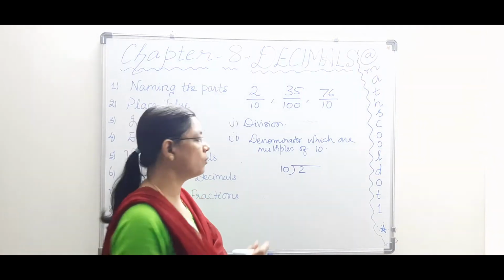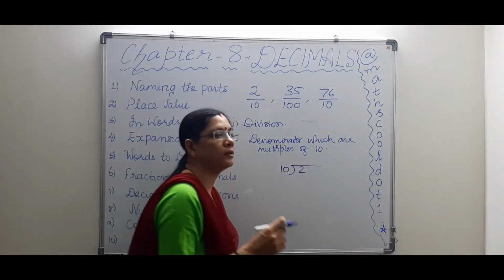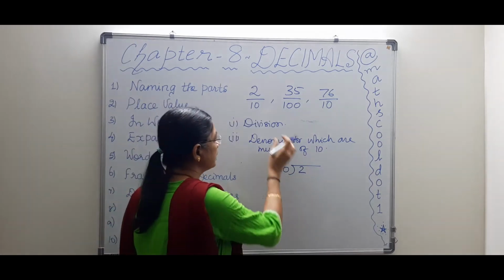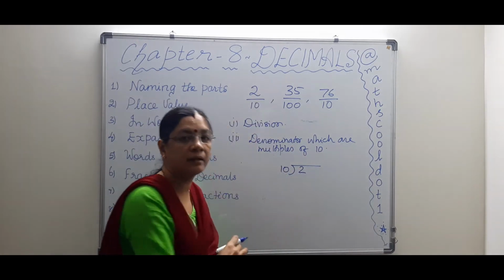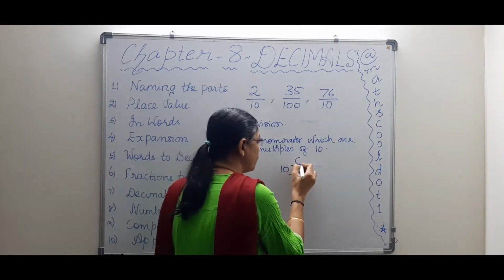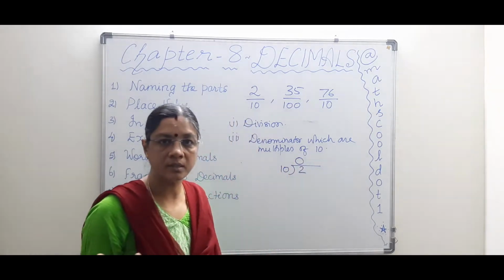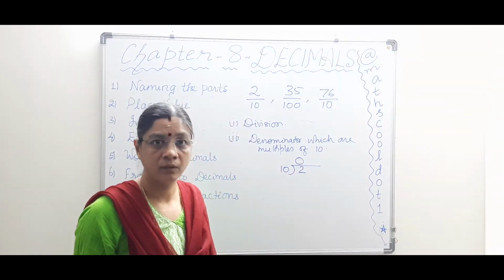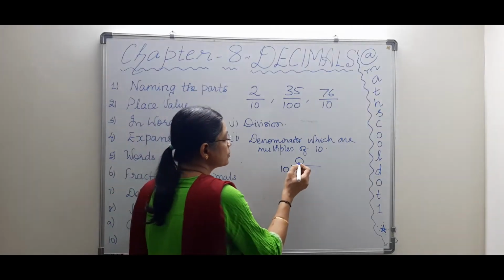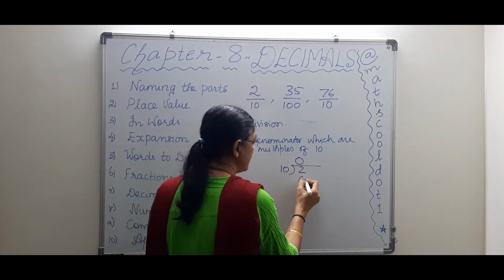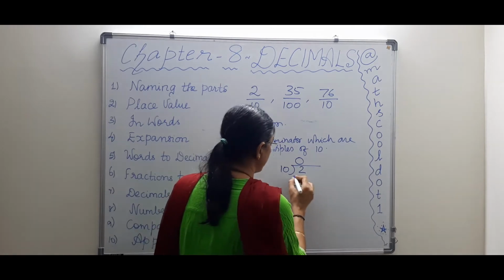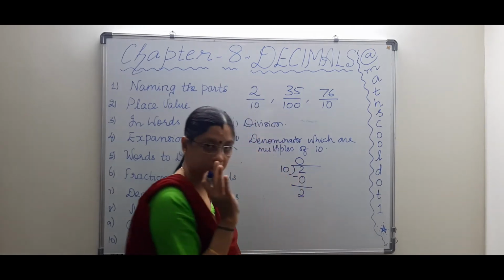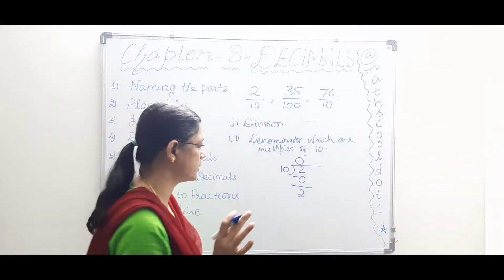So if the given number, that is the numerator, is less than the denominator, then put 0, because 10 doesn't divide 2. 10 zeros are 0, we know. Subtract, you get 2. So that is the first step according to division.